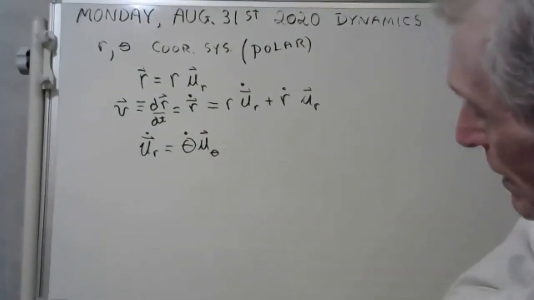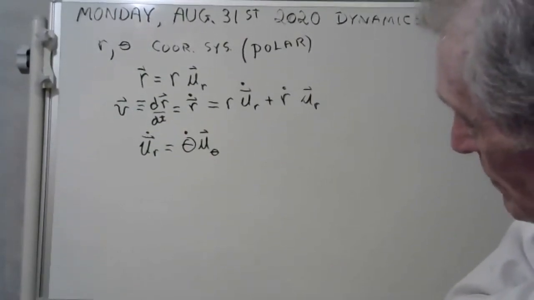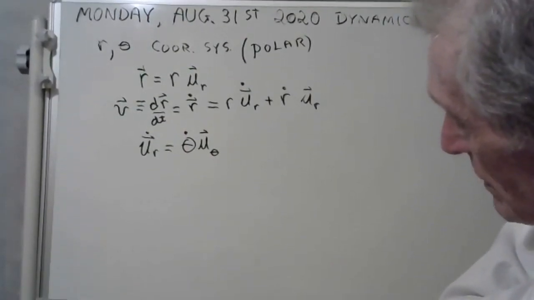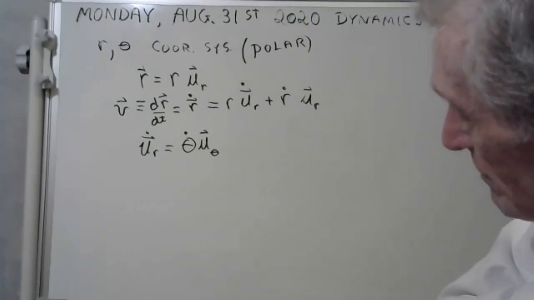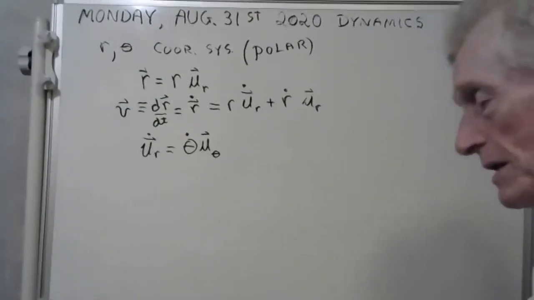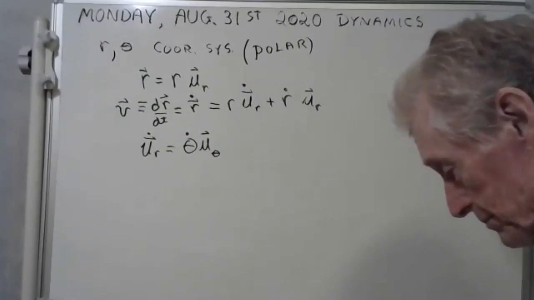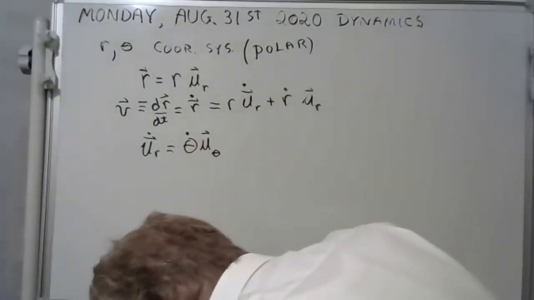It's either plus or minus that, but now let me think just a minute. No, I think it's exactly like that. Yeah. You could read your book to see how they get that.